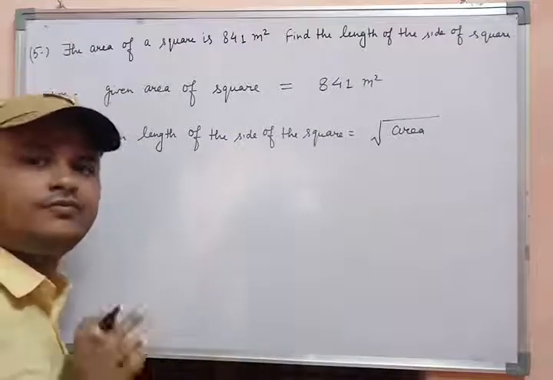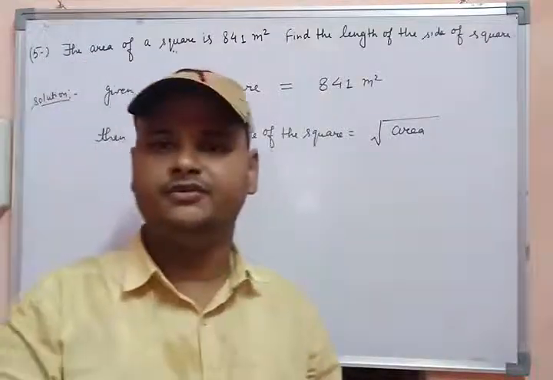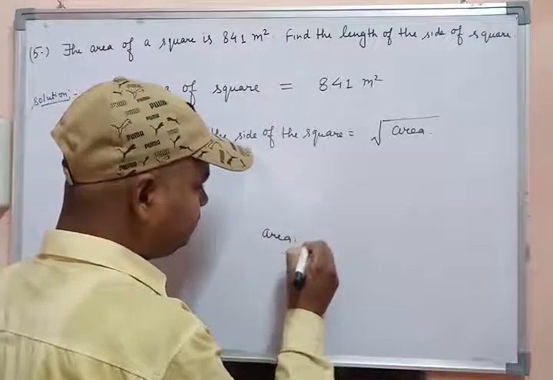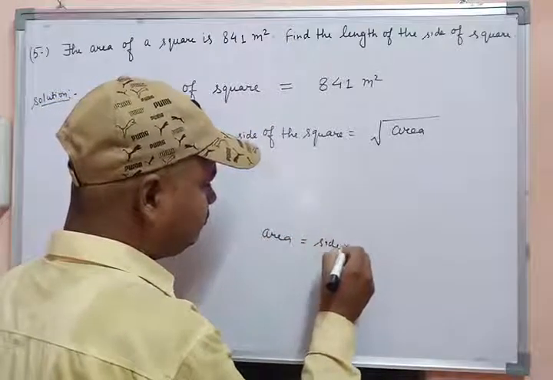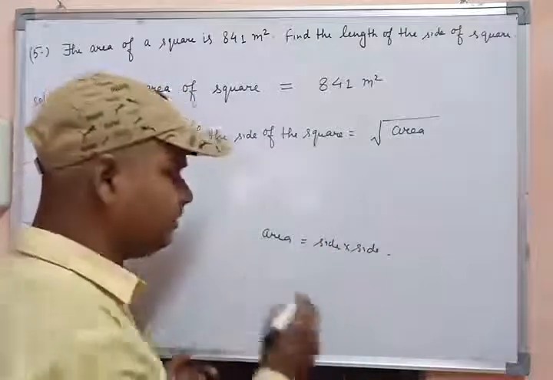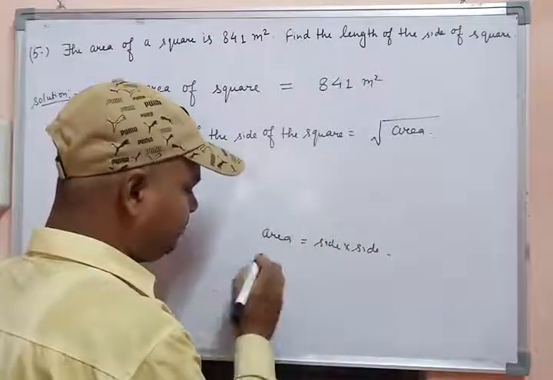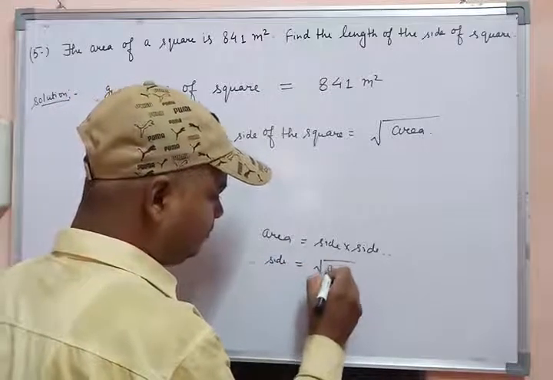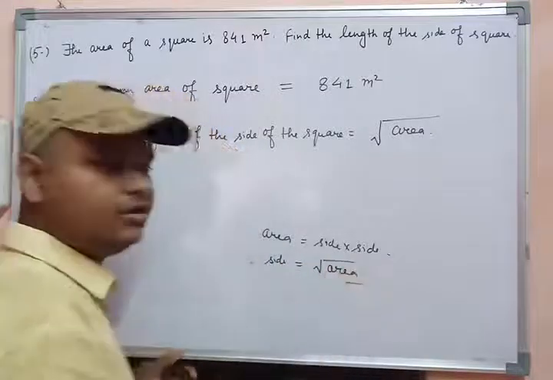If you want to find the area of the square, then the formula of area of square is side into side. And if you want to find the length of the side of the square, then the formula is under root area, the square root of the area.